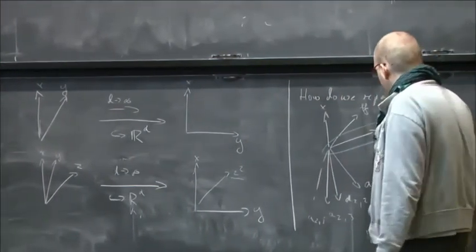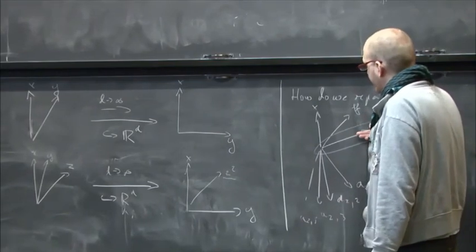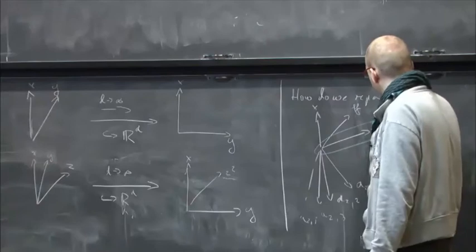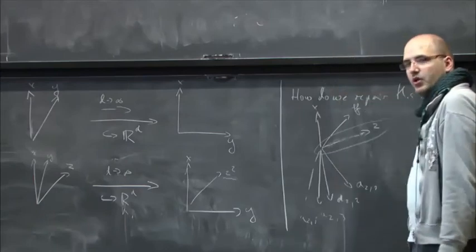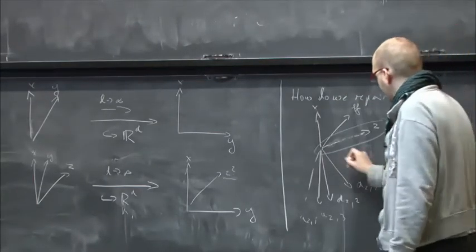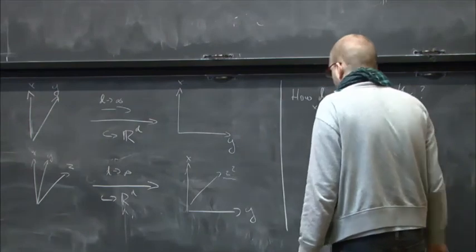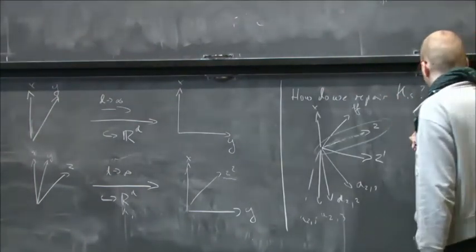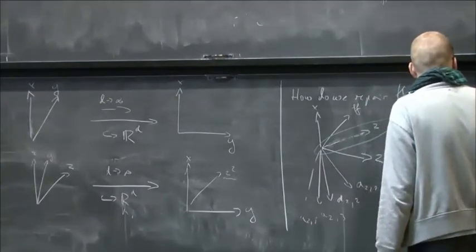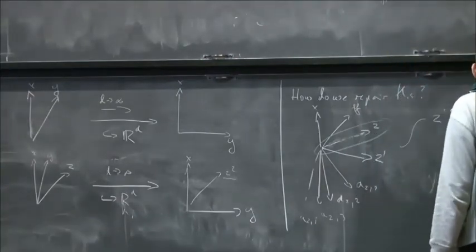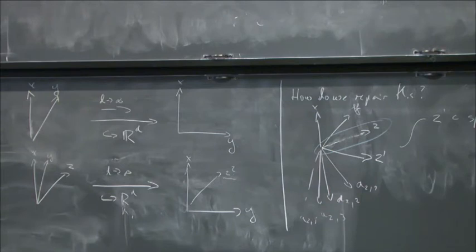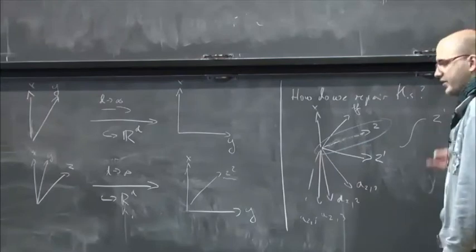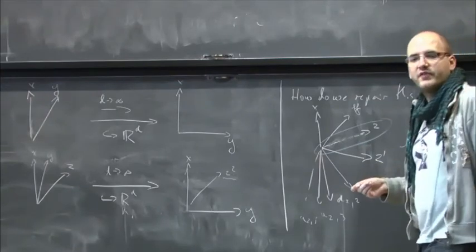Now I want to modify my arrangement. So far I didn't do anything to decrease the dependence. What I do is delete my vector z and add a vector z prime. This new vector should depend on the old vector in some way: z prime should be in the span of z and the auxiliary vectors. This is the only condition I want to add. So here's a new way to choose a replacement vector for z.